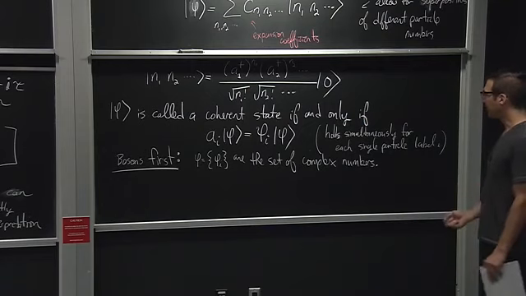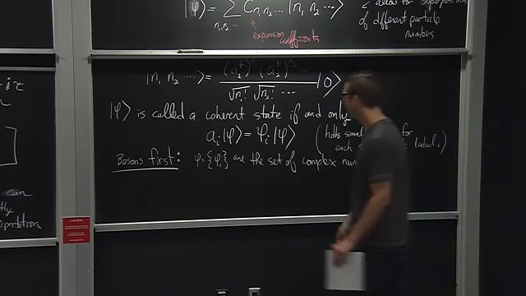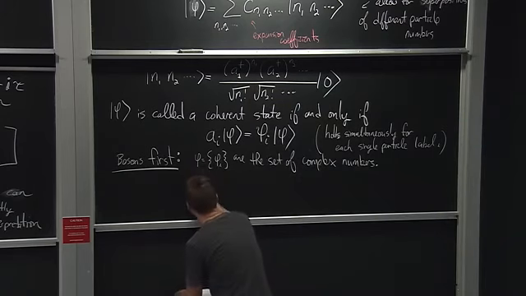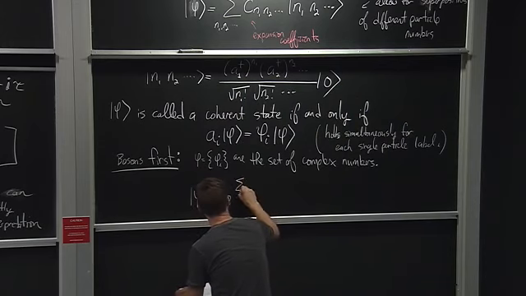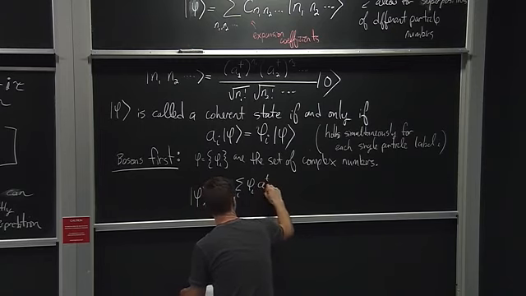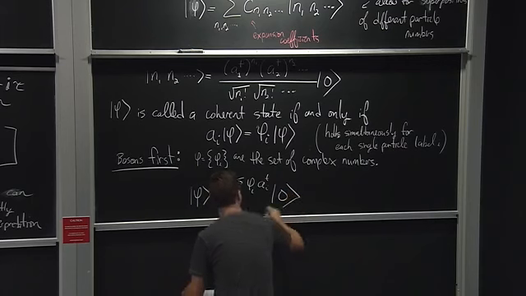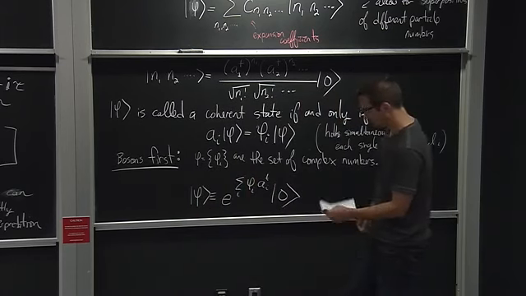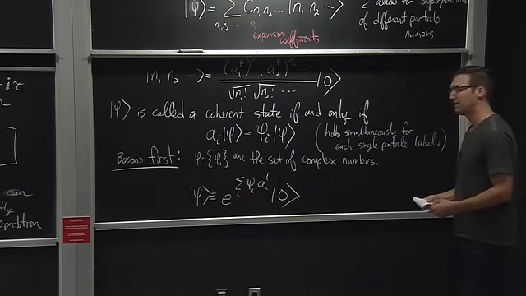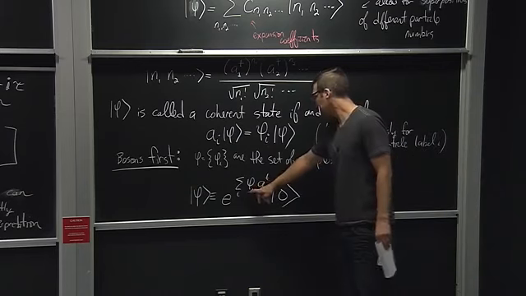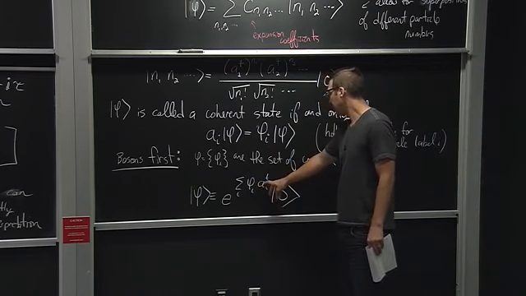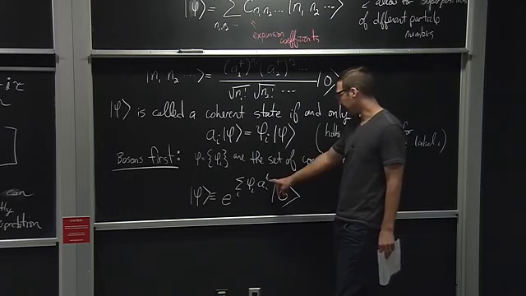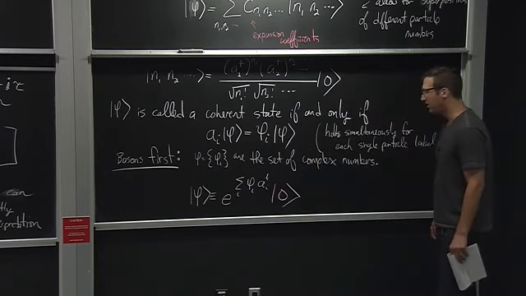But starting with bosons, the coherent state, phi, is given by the exponential of the sum over all states, phi of these states, and then the raising operator, that's supposed to be a dagger, looks like a T, on those states.